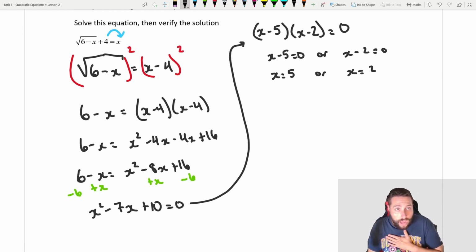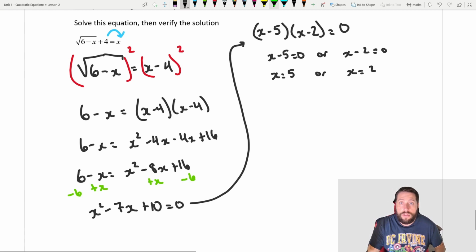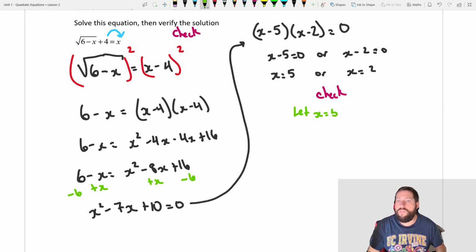What we need to do now is verify to see if this is true. It says verify the solution, so we need to check. Let's do 5 first. Let x equal 5.